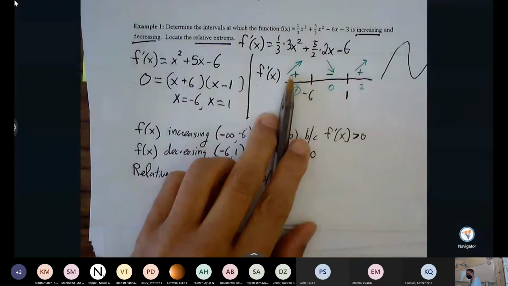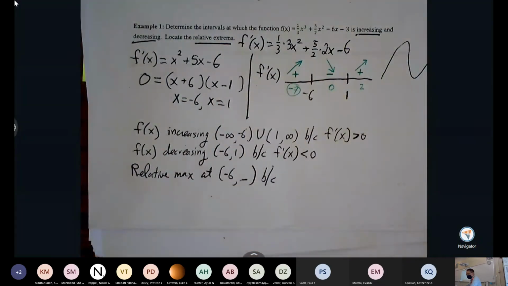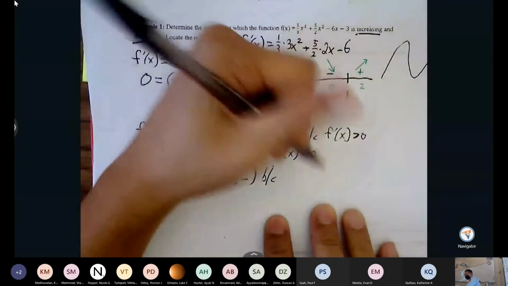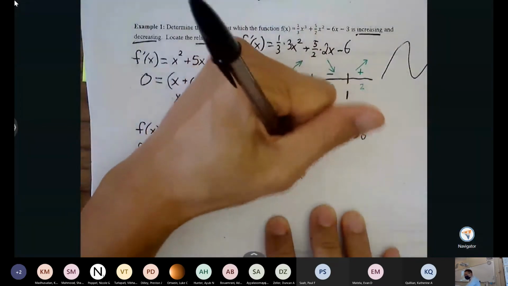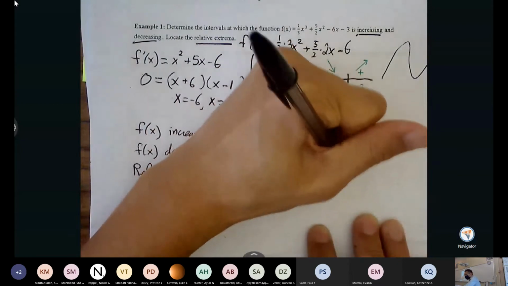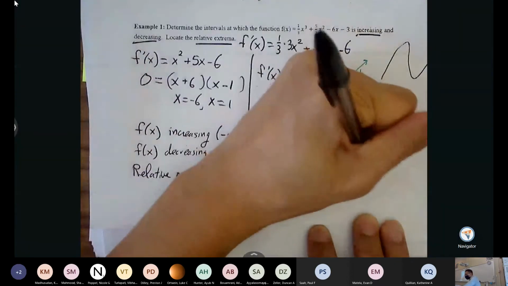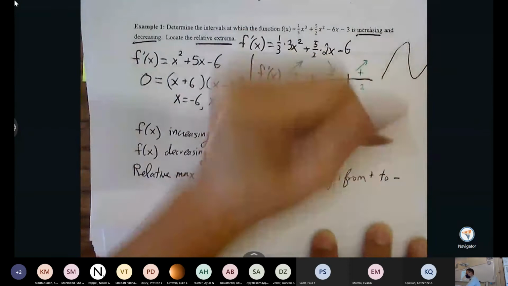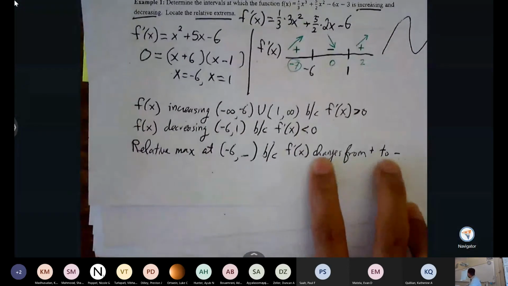But we're going to put it into wording that the College Board will encourage and accept. And it's because f prime changes from positive to negative.